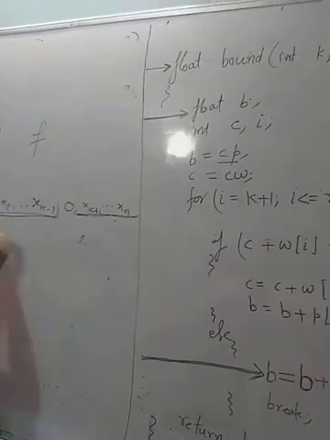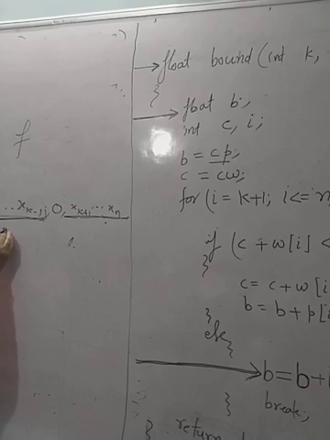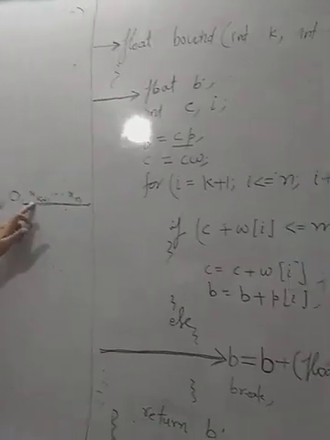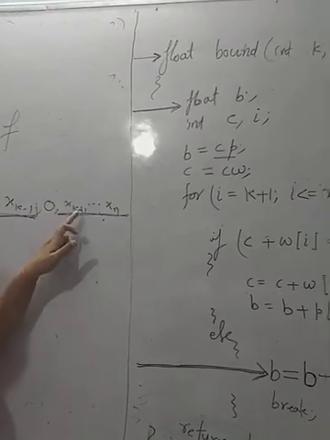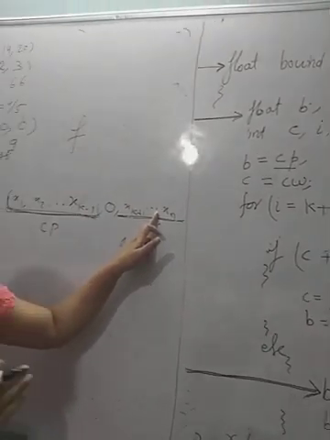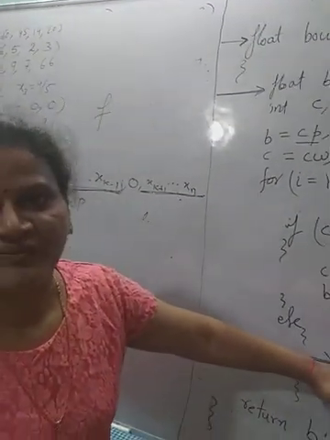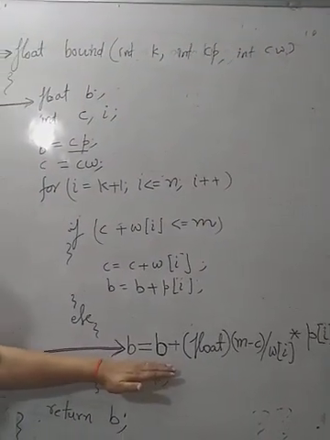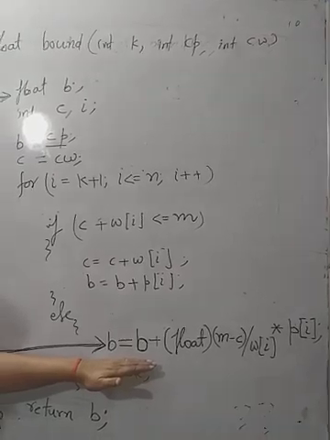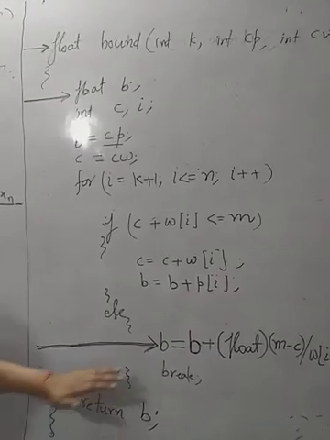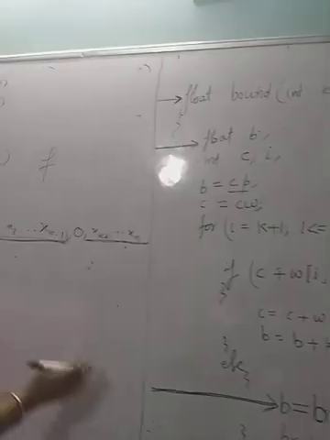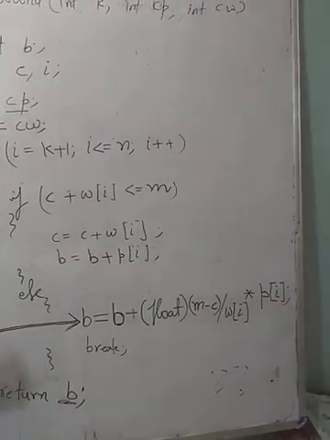When the function is called, CP is this profit, and we check whether the k plus 1th object can be included fully or not, and whatever the last object is which does not fit, we take its fraction. What I do in the greedy technique when fractions are allowed, and then what profit is generated, this is written. So this is the total profit B in the bound function.